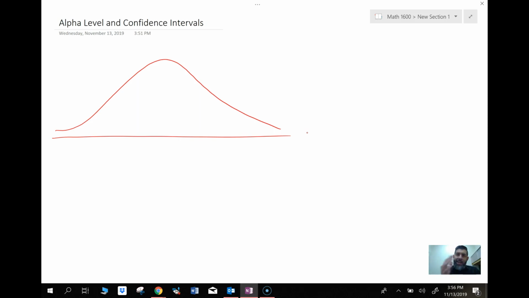All right, so let's backtrack a little bit. What we're interested in doing in a hypothesis test is showing that the alternative hypothesis is true.